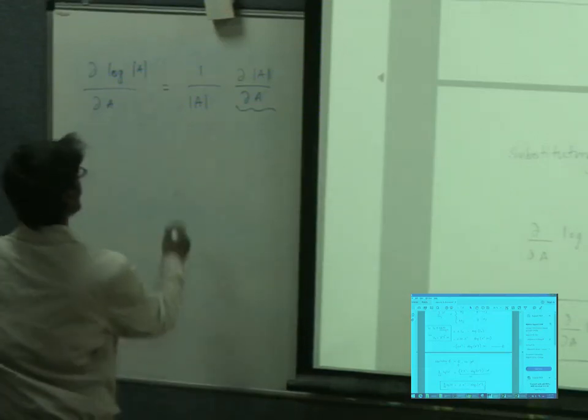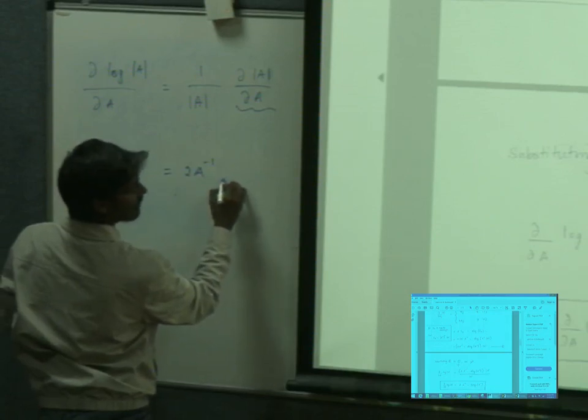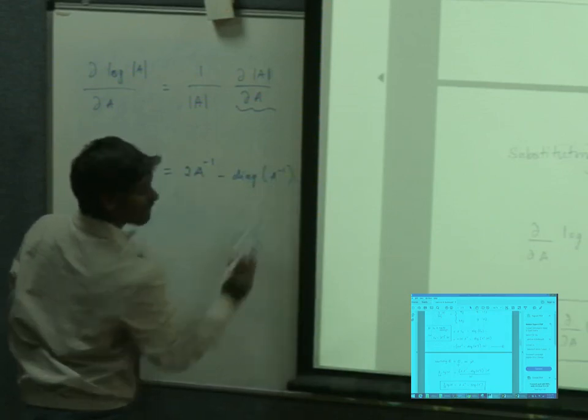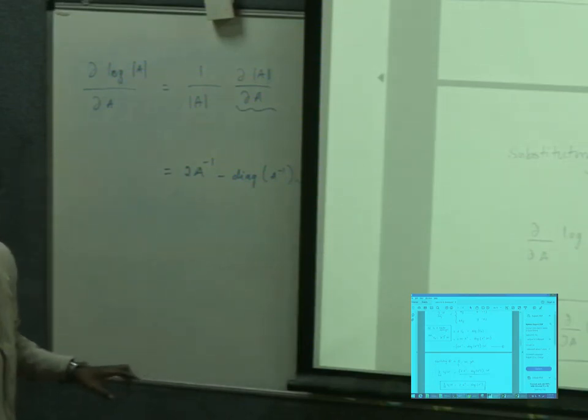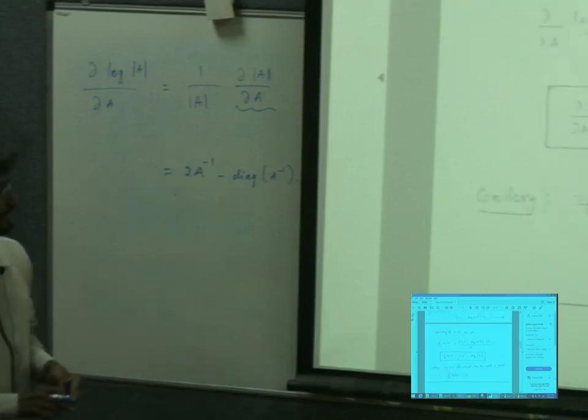Both get cancelled, and finally you get 2A inverse minus the diagonal of A inverse. So as you asked, for an unstructured matrix the result is trivial in that case.